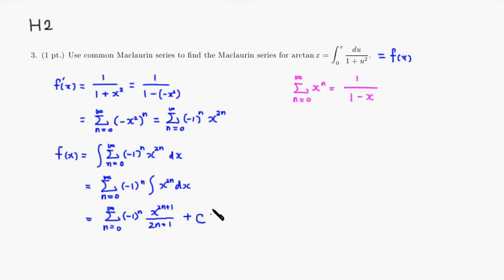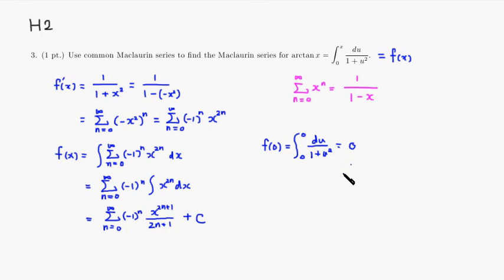We can find c by doing this. We know that f of 0 is supposed to be, plugging in 0 for x, the integral from 0 to 0 of du over 1 plus u squared. But if the integral goes from 0 to 0, the integral is 0.